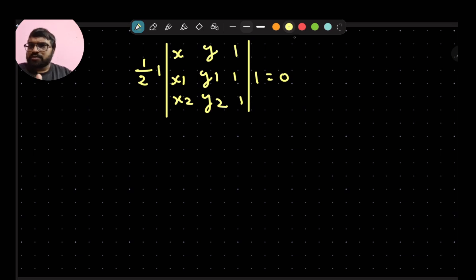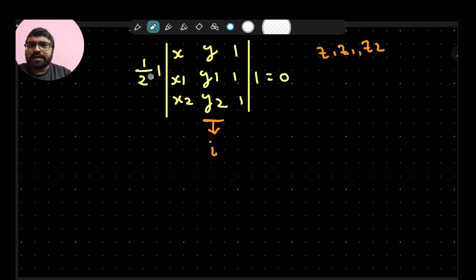In order to introduce z, z1 and z2, we are going to use the property of determinant. So simply we can write the above expression like this: I am multiplying iota in column 2, multiplying every element of this particular column with iota, and in order to balance it out, I am writing 1 upon 2 iota here.